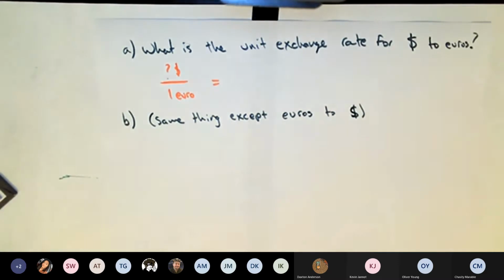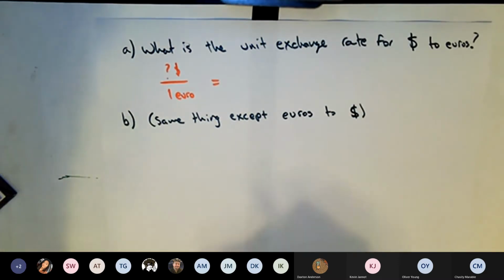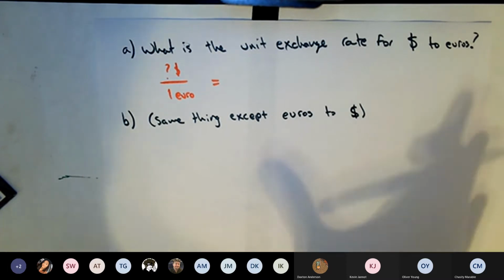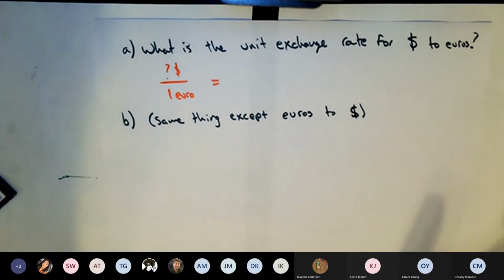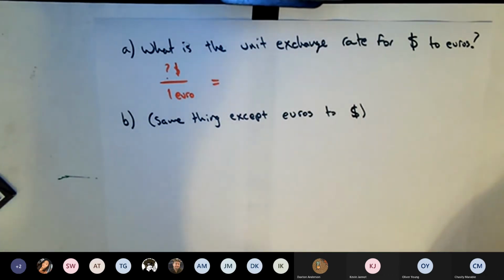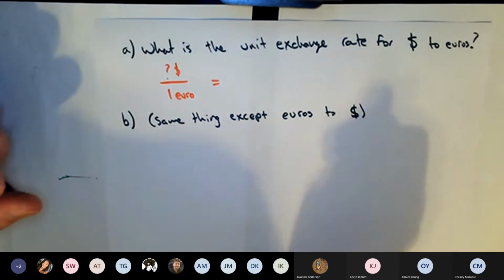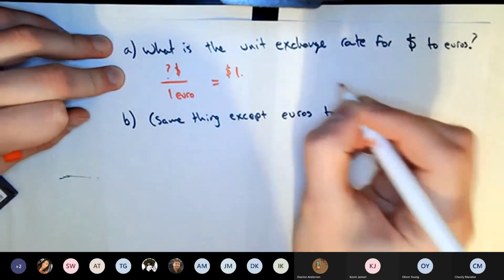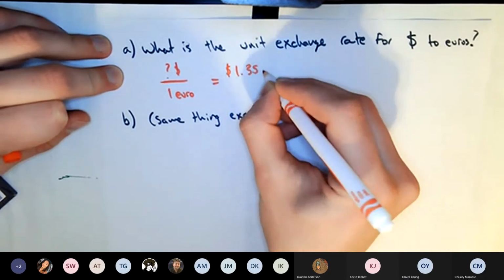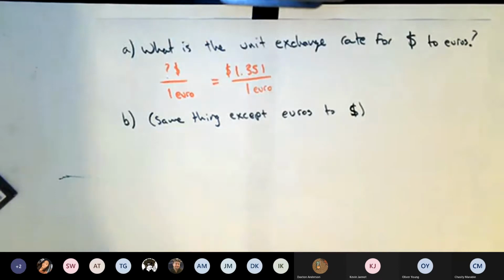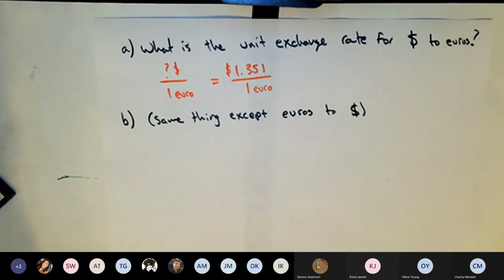Well, in that first column they tell us what 1 euro is equal to. That 1 euro is 1.351 American dollars. So all we have to do here for this first problem is just copy that with dollars attached: $1.351 per 1 euro.